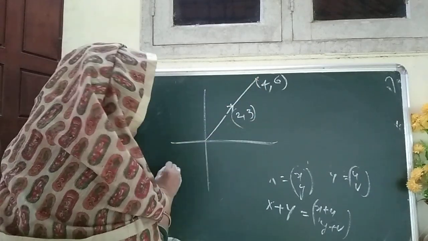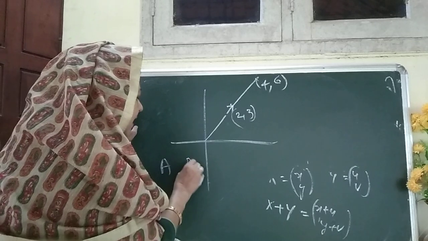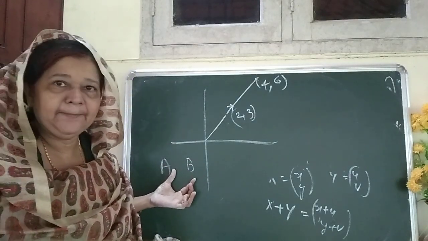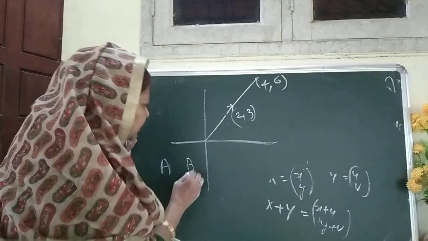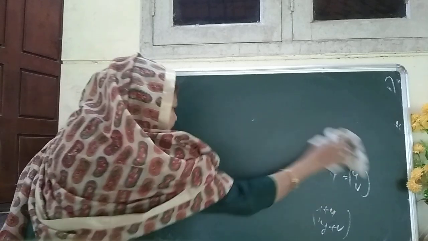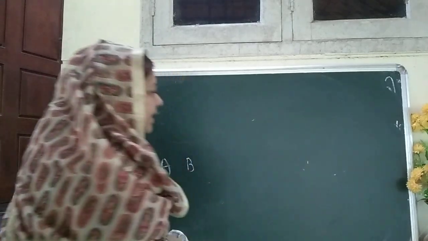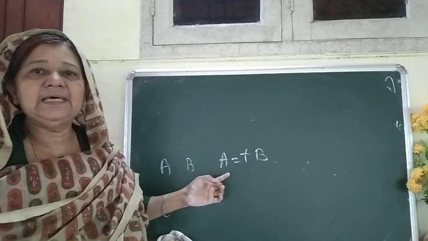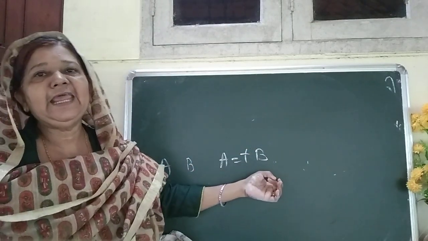If A is any vector and B is another vector, we say that A and B are linearly dependent if there exists a constant t such that A equal to t into B.